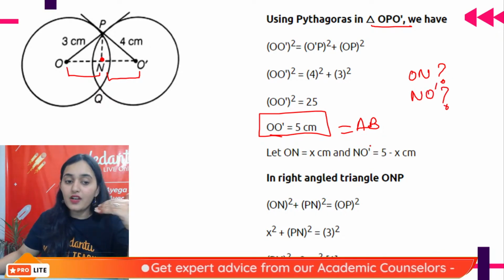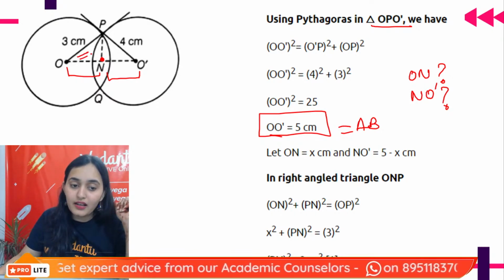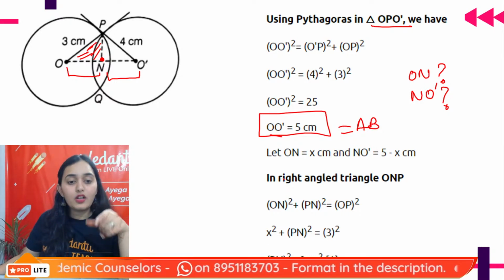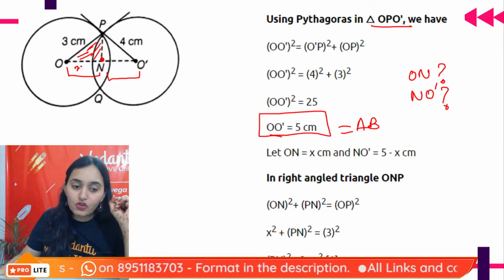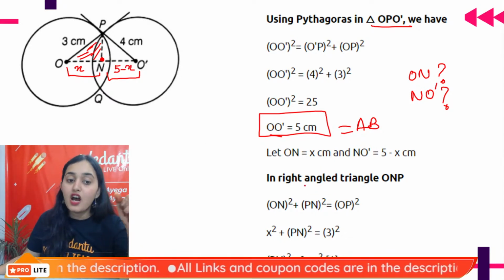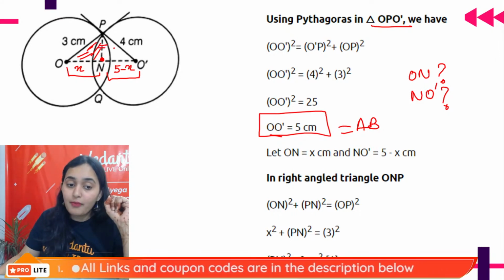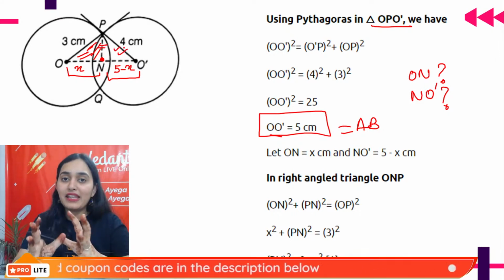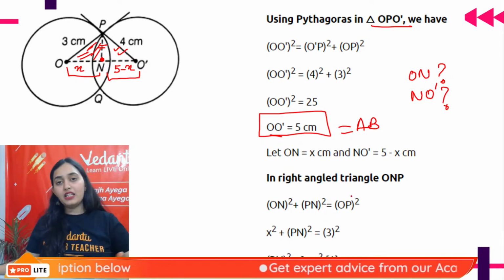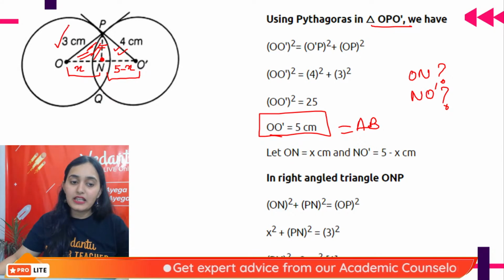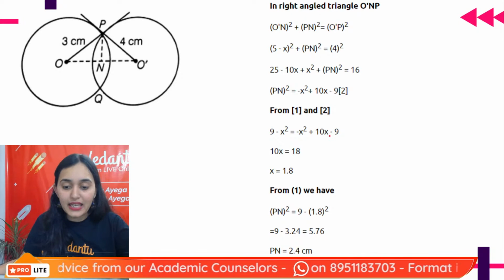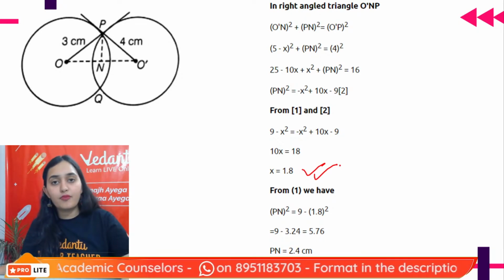So first we will find the value of ON in this smaller right angle triangle. In this triangle, what all things are given? Assume this to be x, assume this to be 5 minus x, and PN is unknown. Since PN is common in these two triangles, one variable will be eliminated, only one variable x will be left. So apply Pythagoras theorem in this smaller triangle and this smaller triangle for PN, equate the values of PN and you will get the x value as 1.8.